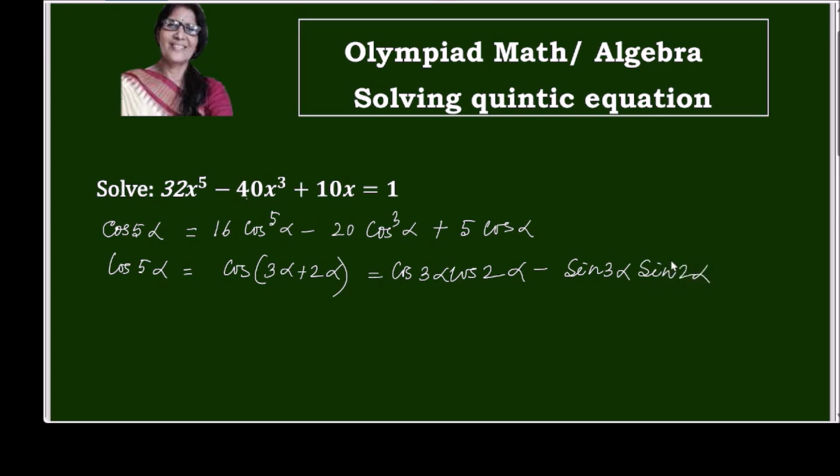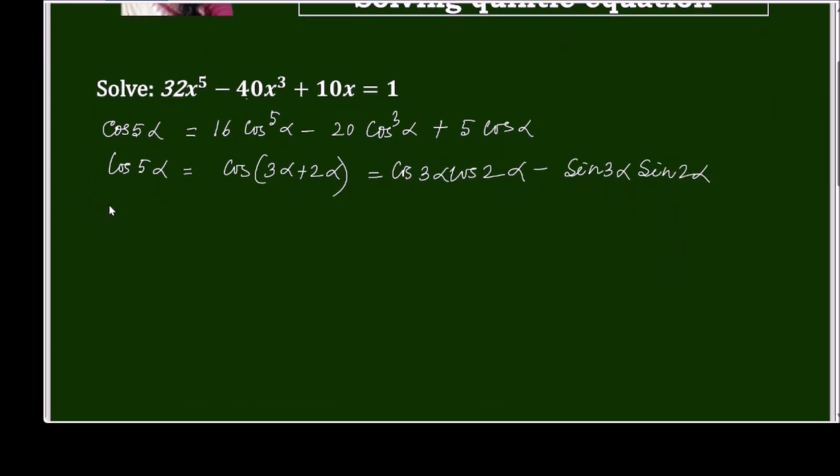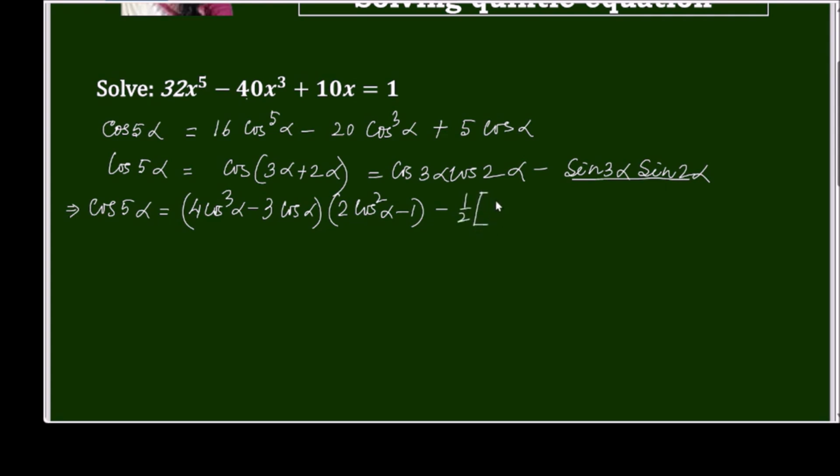Next I'll put the formula for cos 3 alpha, as I'm proving cos 5 alpha. Cos 3 alpha is equal to 4 cos cube alpha minus 3 cos alpha, and cos 2 alpha is equal to 2 cos square alpha minus 1. And for the second one, I'll put the formula sin a sin b, that will be half of cos a minus b, so 3 alpha minus 2 alpha, minus cos a plus b, 3 alpha plus 2 alpha.